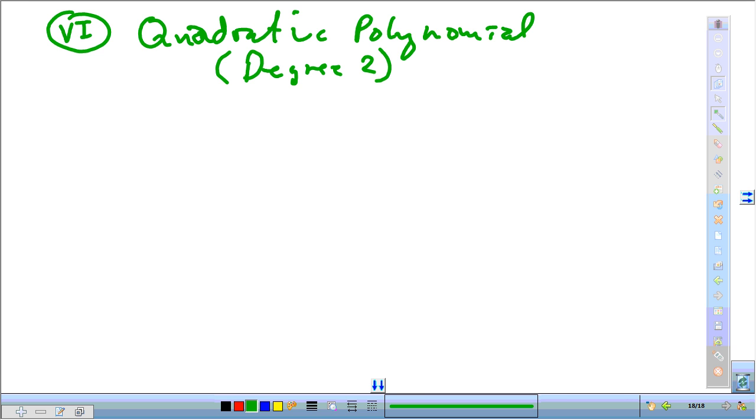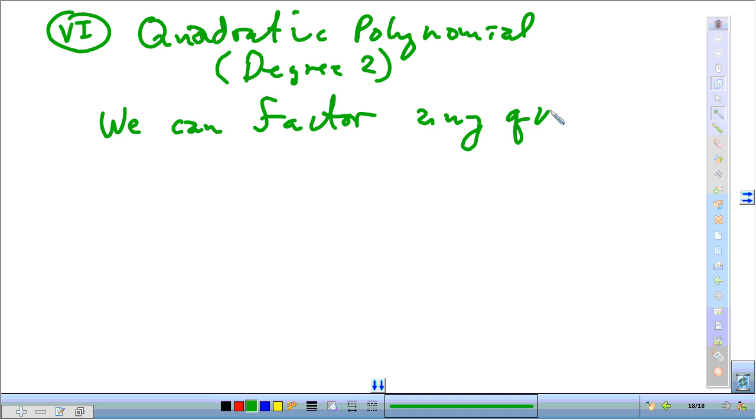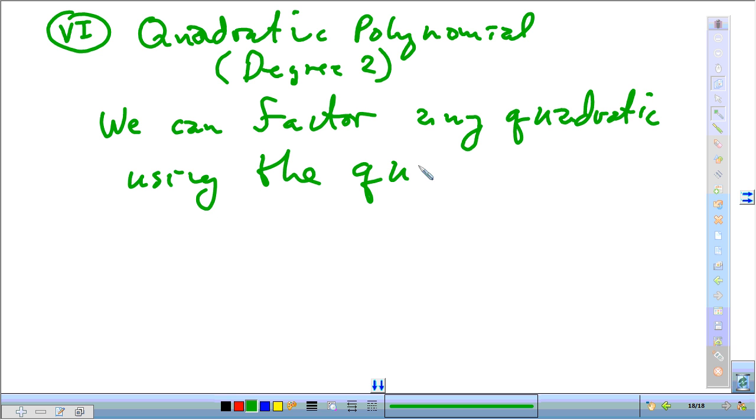So if we're looking at degree 2 polynomials, so if we have a quadratic, we can factor any quadratic if we go back to the quadratic formula.